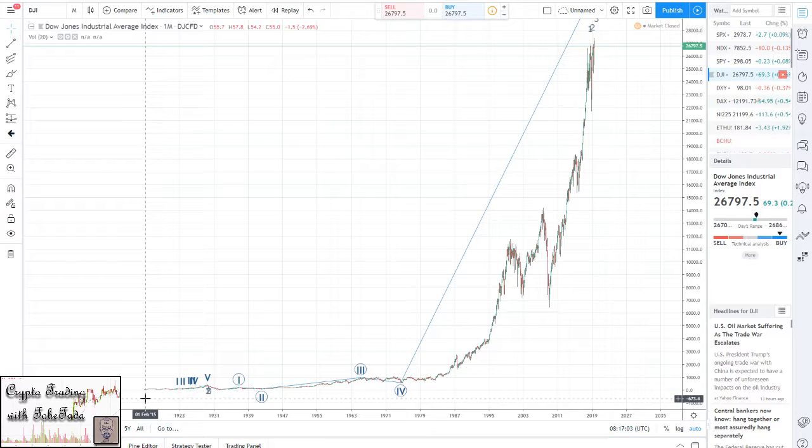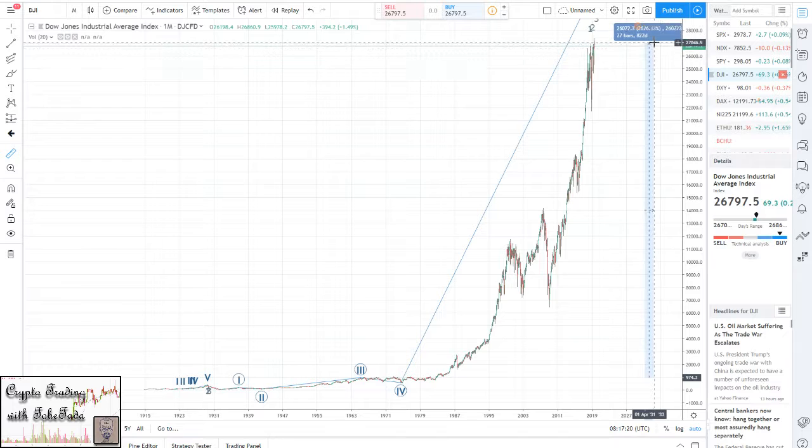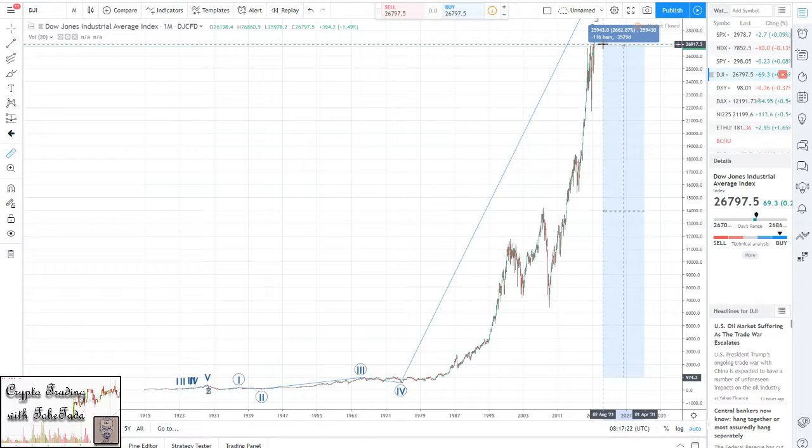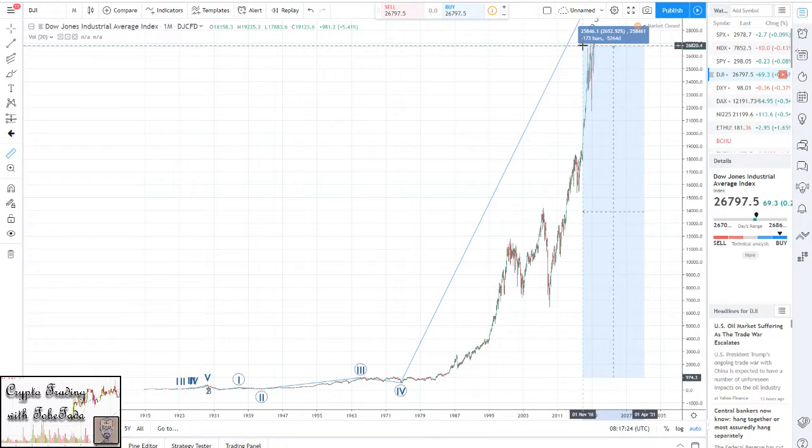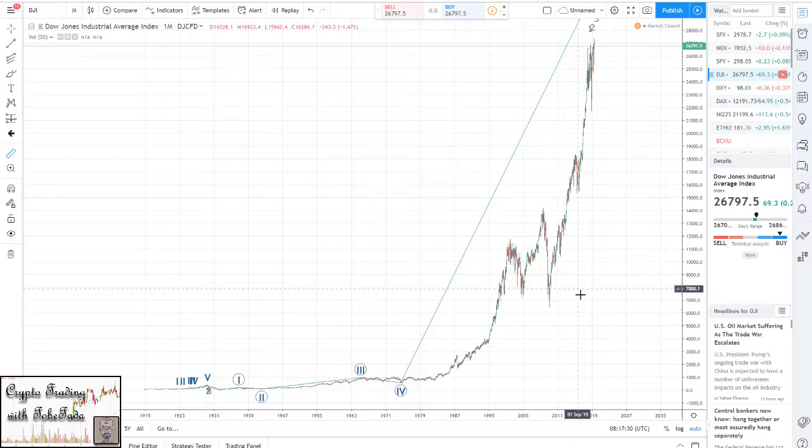We basically don't really see any big changes here prior to 1987. It's almost flatlined, and after that you can see there's this tremendous increase. So from about 900 to 26,000, that would be about a 2,600% increase in price.